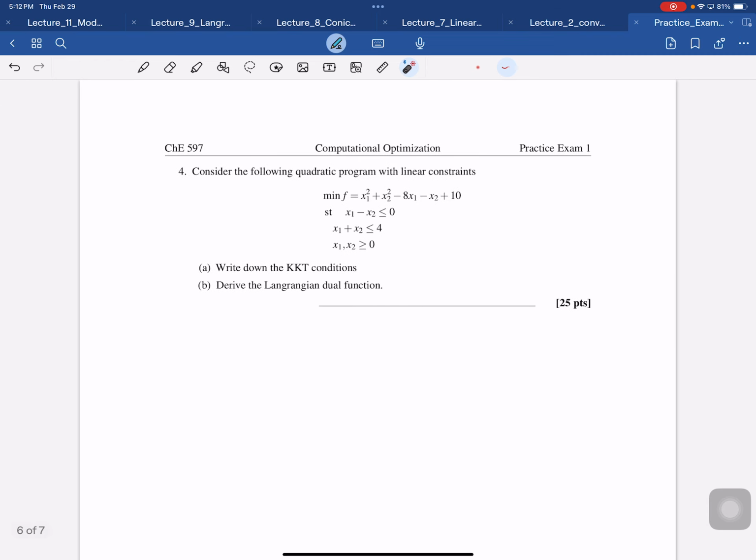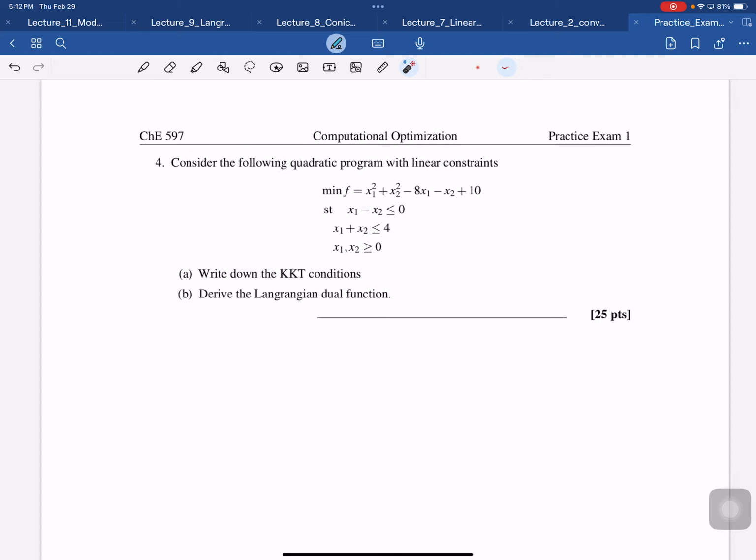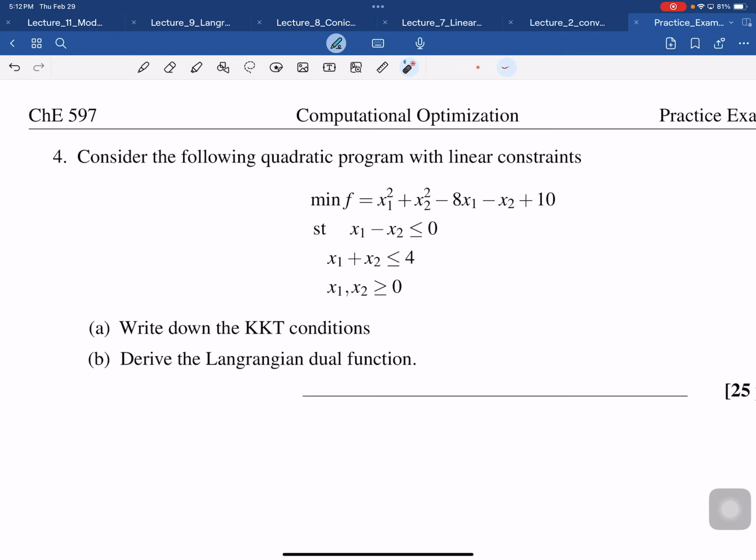And then the fourth question is related to KKT conditions and Lagrangian dual. For the KKT conditions, it should be quite straightforward. Everyone should have some memory of them. Basically, we have primal feasibility, dual feasibility, stationarity conditions, and complementary slackness.